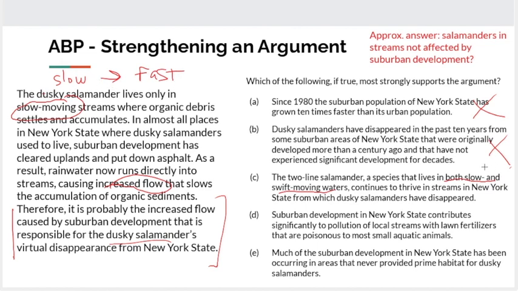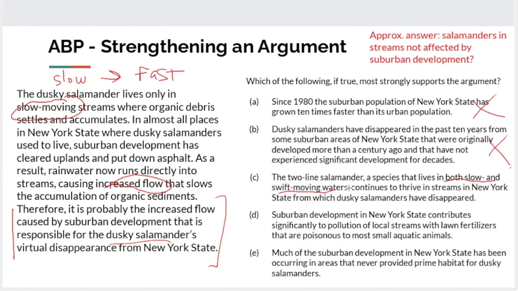Well, if we have some other type of salamander that can tolerate both slow and swift-moving waters, and that one continues to thrive, that would suggest that this increased flow really is a major factor in this dusky salamander's disappearance. Because as the streams go from slow-moving to fast-moving, that's going to impact the dusky salamander, but it's not going to impact the two-line salamander because it can adapt.